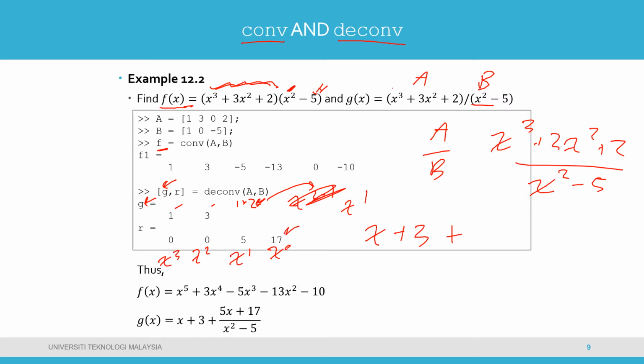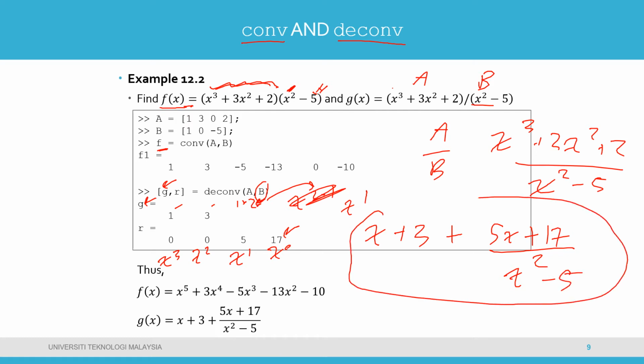So if you look at x power of 0, so basically plus, okay, the remainder is just 5x plus 17 x power of 0, divided by, don't forget the B, okay, remember the division. So x squared minus 5. Okay, that is how you rewrite again the answer from the vector.